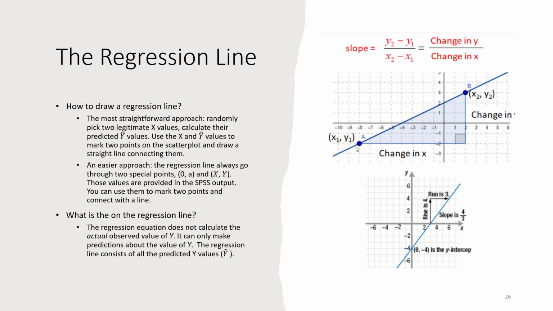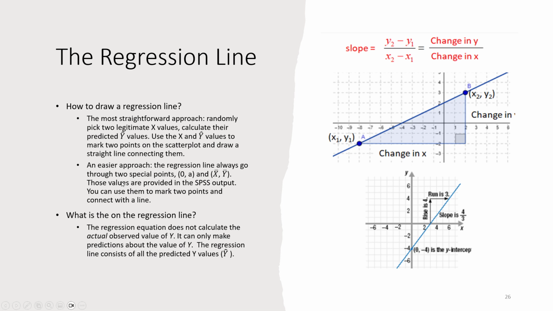Now use the first x value and its predicted y value to plot the first point on the ordinate. Then repeat the same process with the second x value and its predicted y value. Once you have the 2 points, draw a straight line to connect them. This line is your regression line.